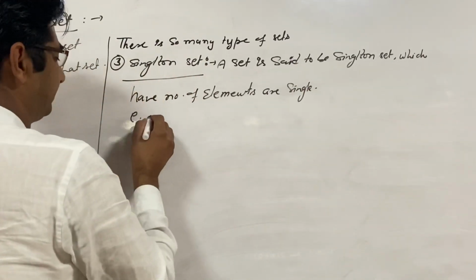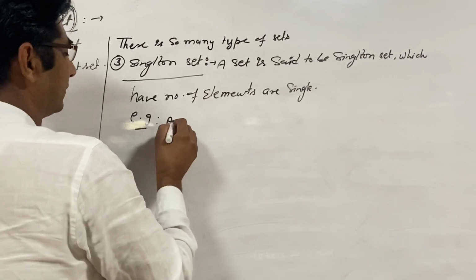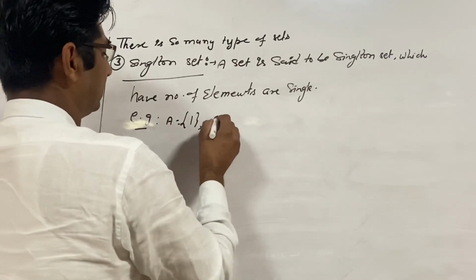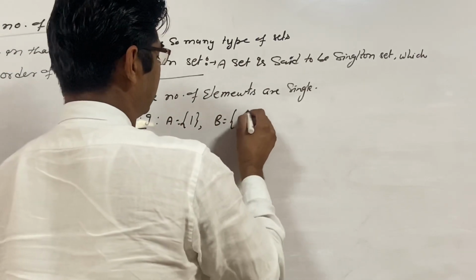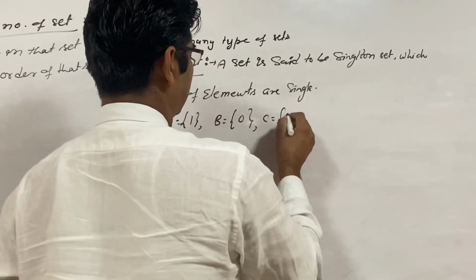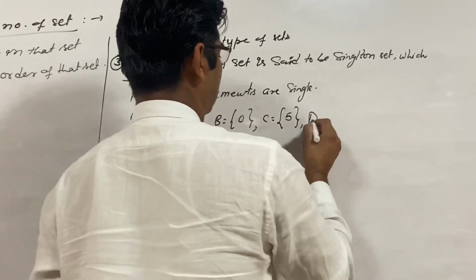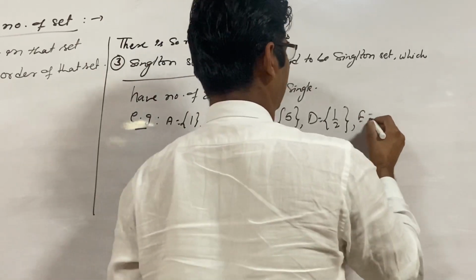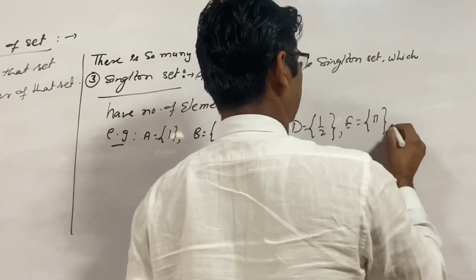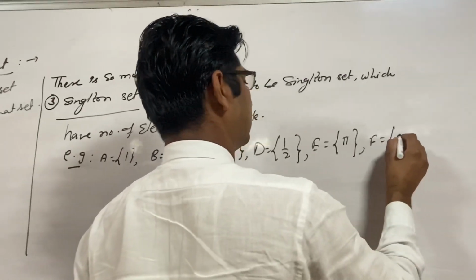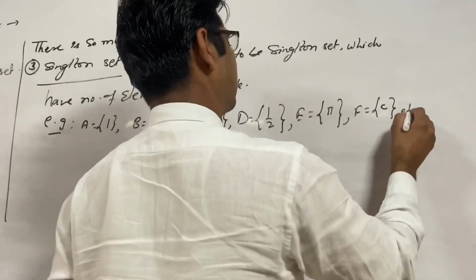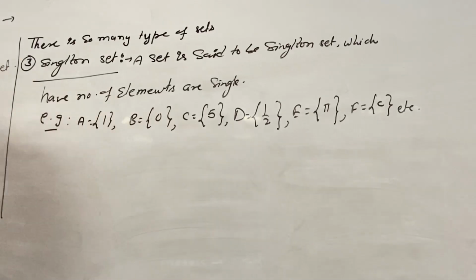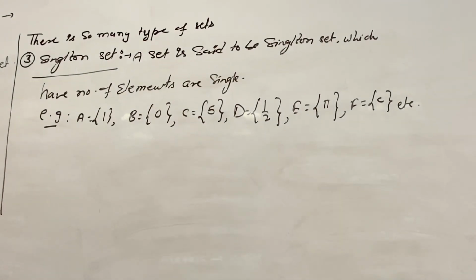For example, A equal to {1}, B equal to {0}, C equal to {5}, D equal to {half}, E equal to {pi}, F equal to {C}, etc. These all of them are examples of a singleton set.